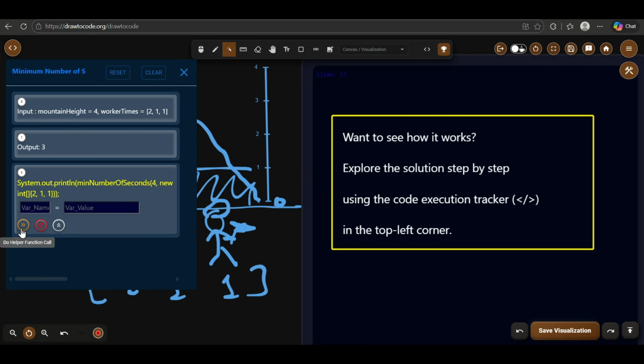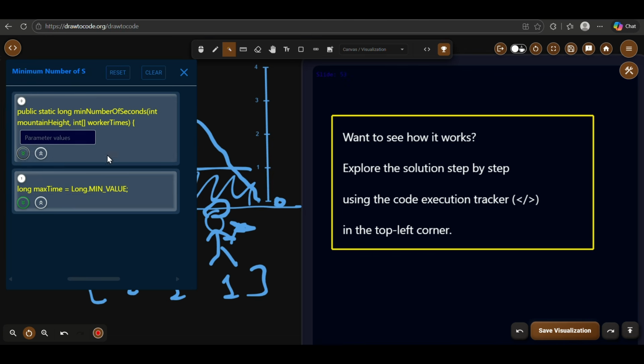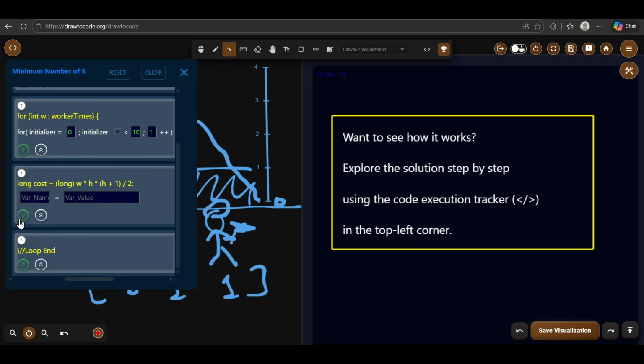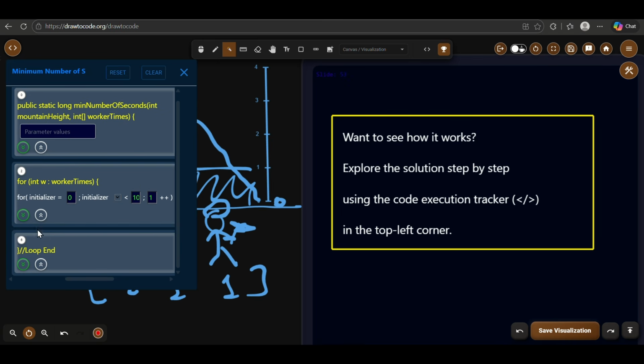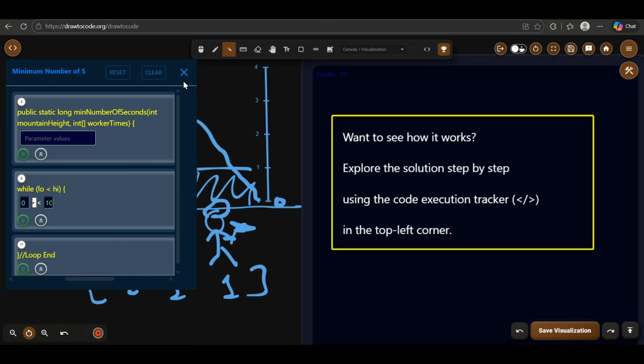After clicking, it calls the minimum number of seconds function and executes each instruction, so you can track how each instruction is executed. This is the tool you can use. That's it. Thank you.